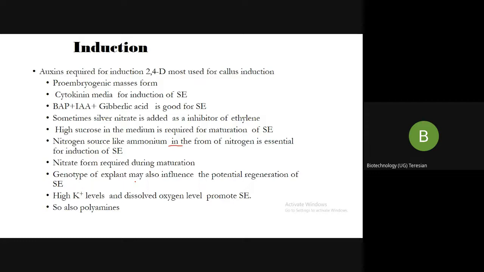So you can see that throughout the induction step, we have seen that different concentrations of synthetic auxins, especially 2,4-D, are used for callus induction. Its concentration also varies. Usually we add around 0.5 to 1 milligram per liter.